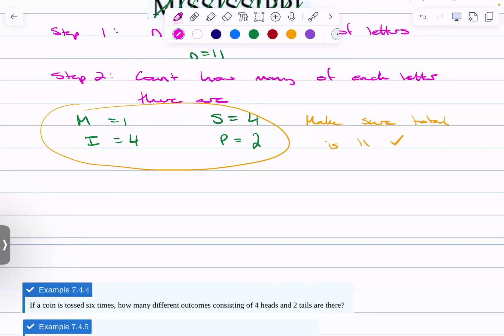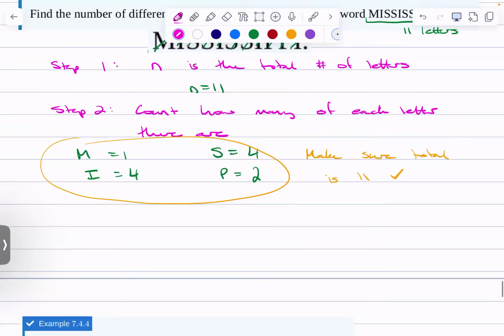Now, take the total factorial and divide by each of these as a factorial, multiplying together.